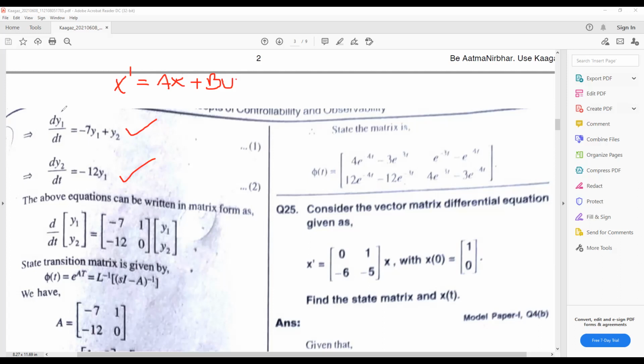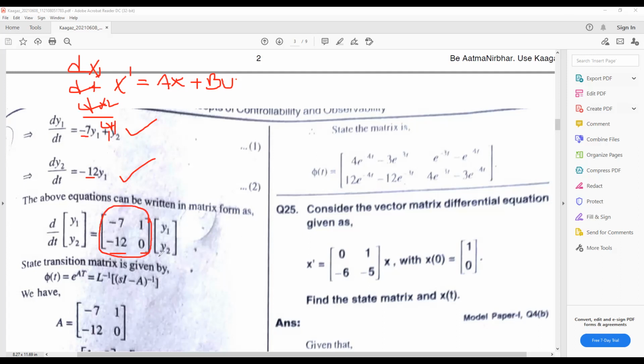So differentiate d by dt of y1 y2, that is x dash, that is dx1 by dt, dx2 by dt. So dy1 by dt, dy2 by dt. So the y1 coefficient is minus 7, the y2 coefficient is 1, the y1 coefficient in dy2 by dt is minus 12, and 0. Okay, so what is the A matrix? A matrix is minus 7, 1, minus 12, 0.